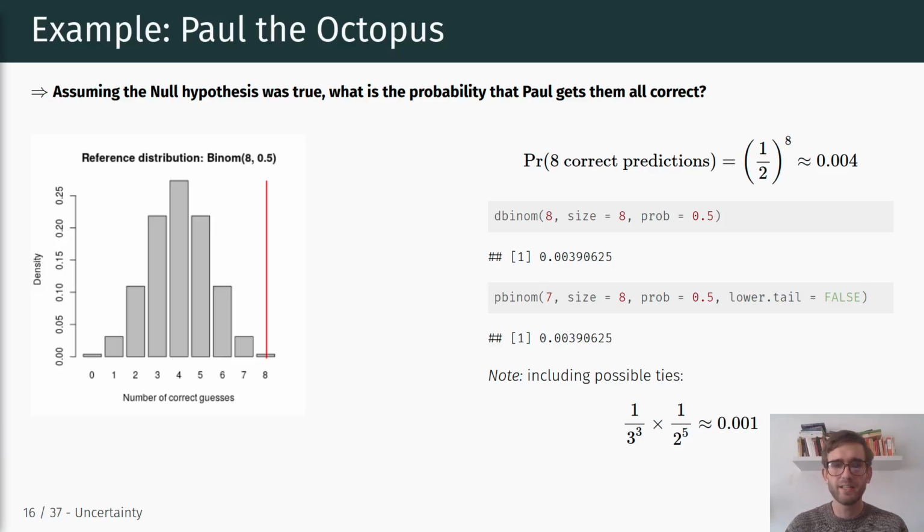Oh yeah, and one note I should make is that of course in the group stage earlier in the World Cup, technically you could also observe ties.